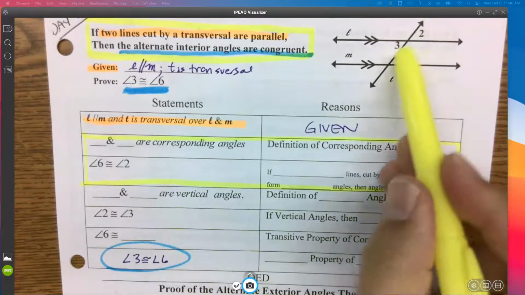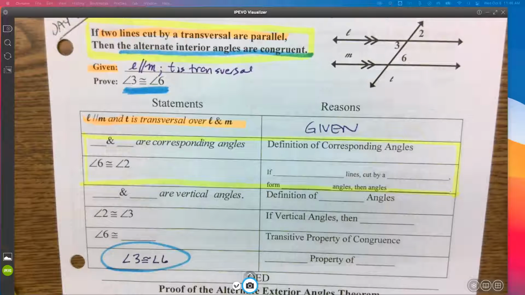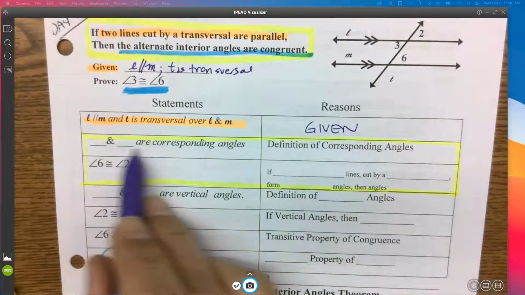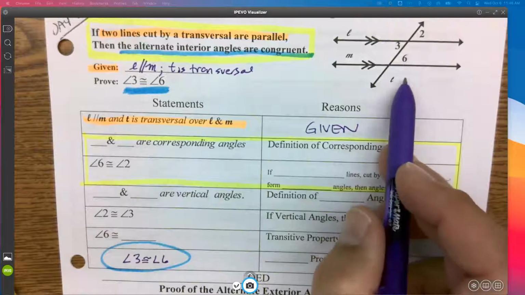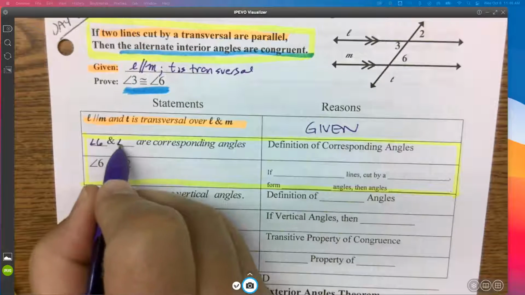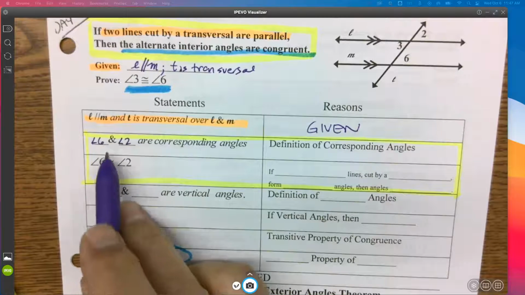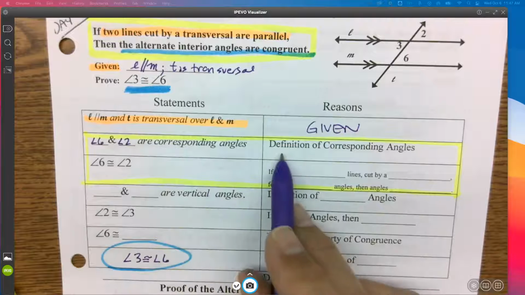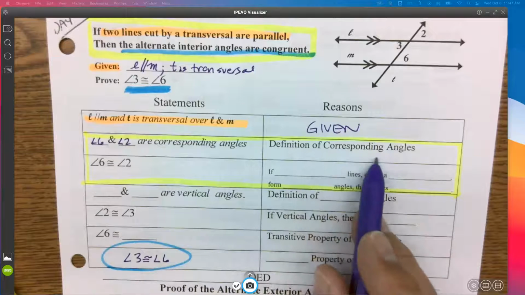We're going to bridge the gap of this river. So I'm going to start by saying two angles are corresponding angles. Which two angles here are corresponding angles? 6 and 2. Good. Angle 6 and angle 2 are corresponding angles. I'm just saying that they are. How come I get to call them that? Because that's their name. My reason is definition of corresponding angles.